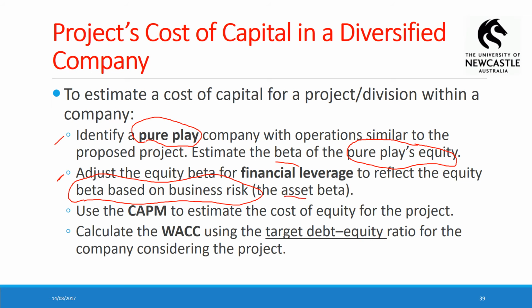So once we have the business risk of the competitor, we would then use the CAPM model. We put in the business risk of the competitor in the CAPM model to estimate the cost of equity for the project.